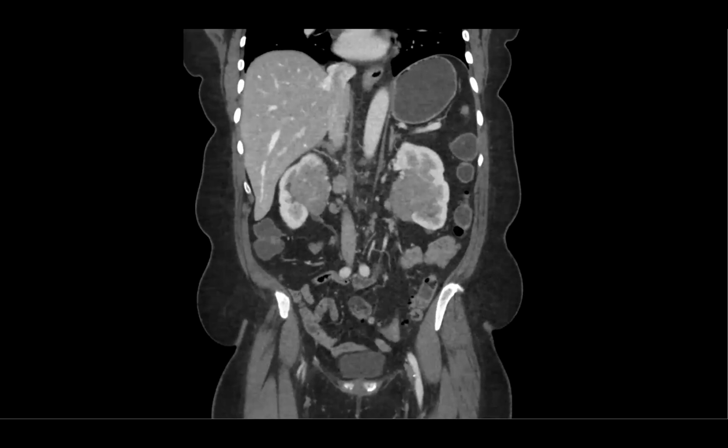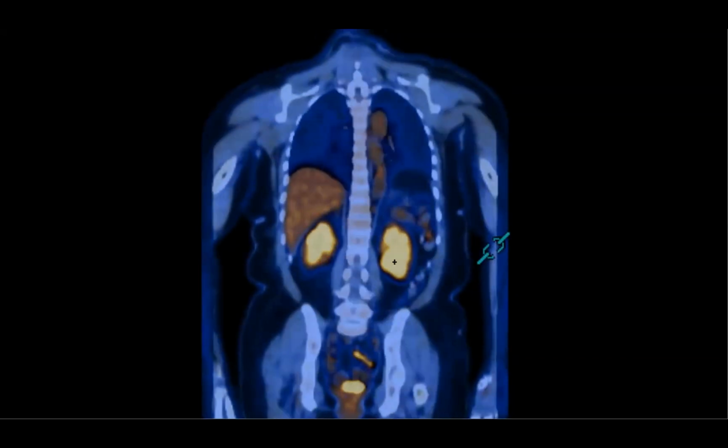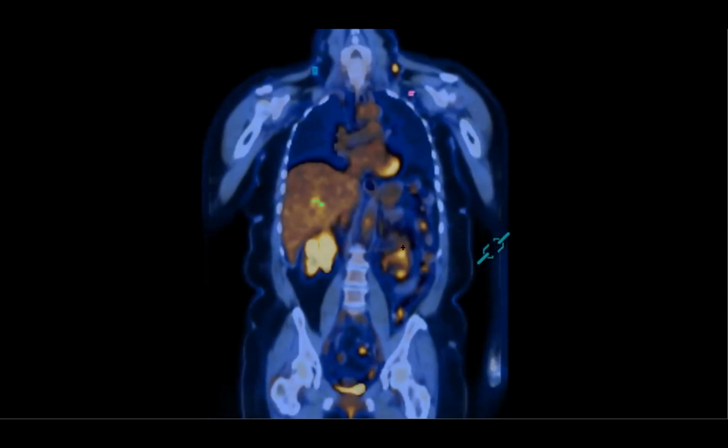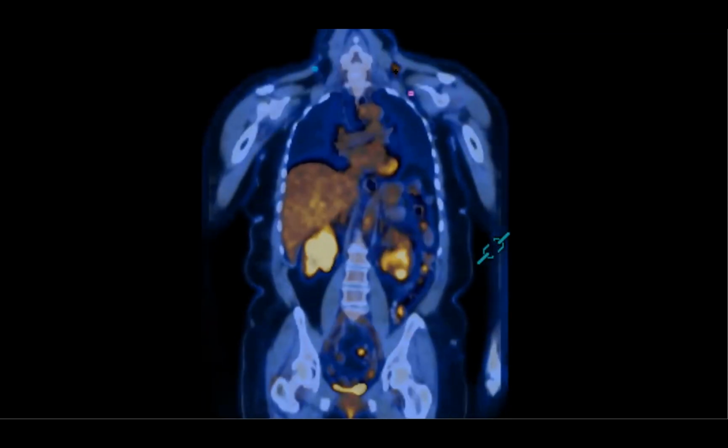Yeah, so this patient, let me show you the PET. Maybe let me pause. So here's the PET, and there are also abnormalities along the cervical chain. Does that change your differential?